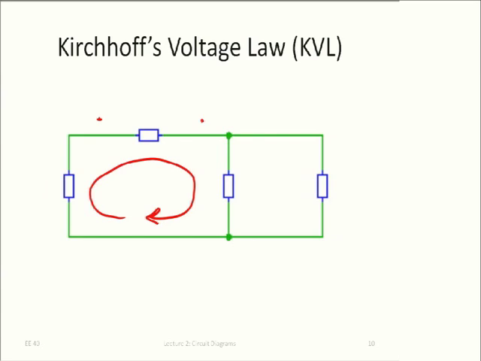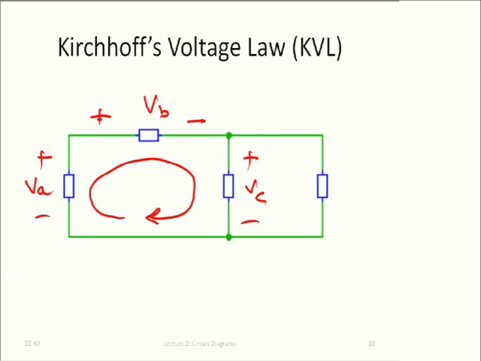Okay? So, for that, again, we'll have to indicate what our voltages are around such a loop. So, we can call this one, for example, VA, VB, VC.